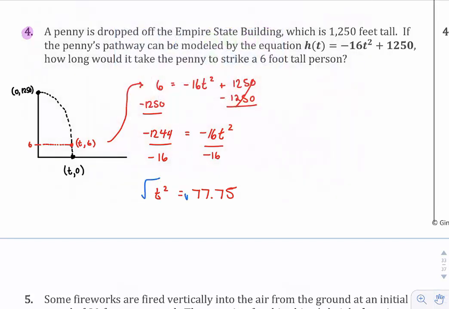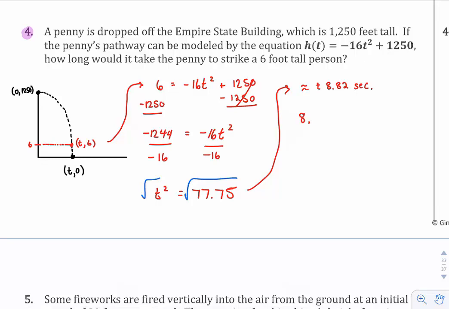Now remember, when we square root, technically speaking, we have a plus or minus answer here. And when I take the square root, the answer is going to be plus or minus 8.82 seconds, approximately. Because this problem represents time, you're not going to hit a person on the head at -8.82 seconds, so we rule out that negative answer.